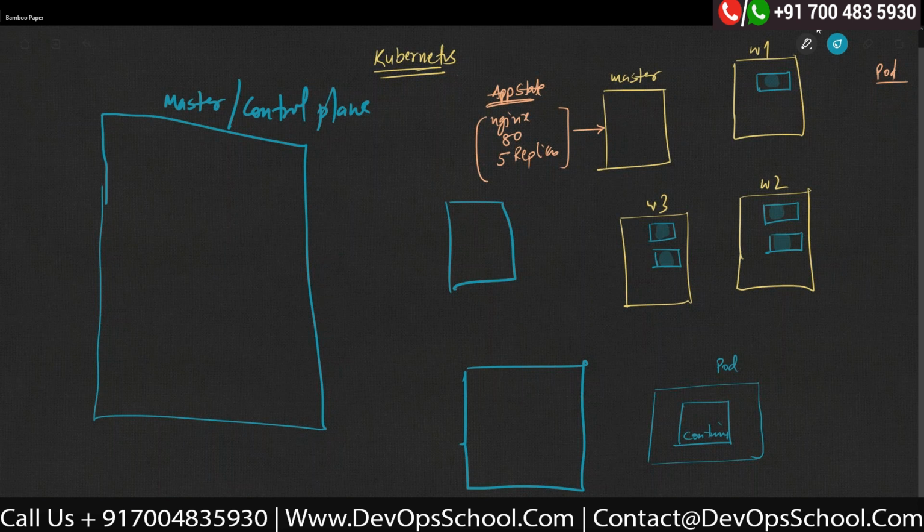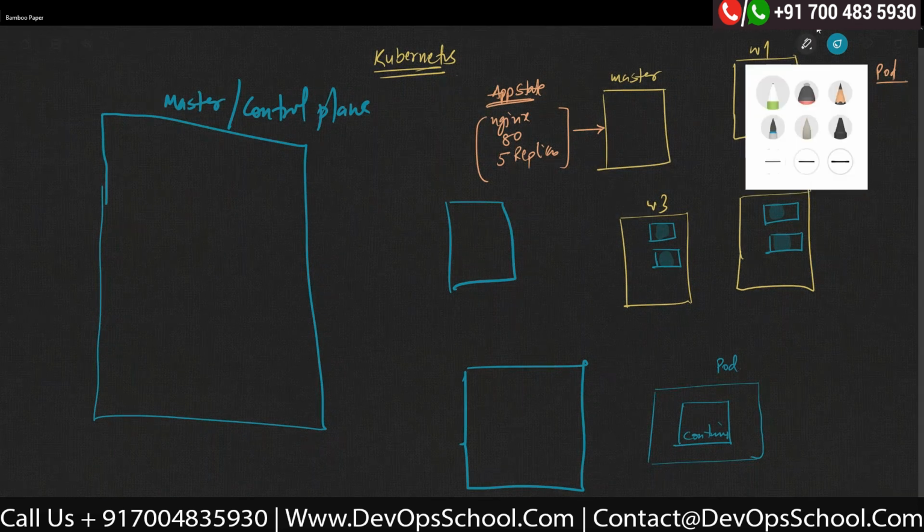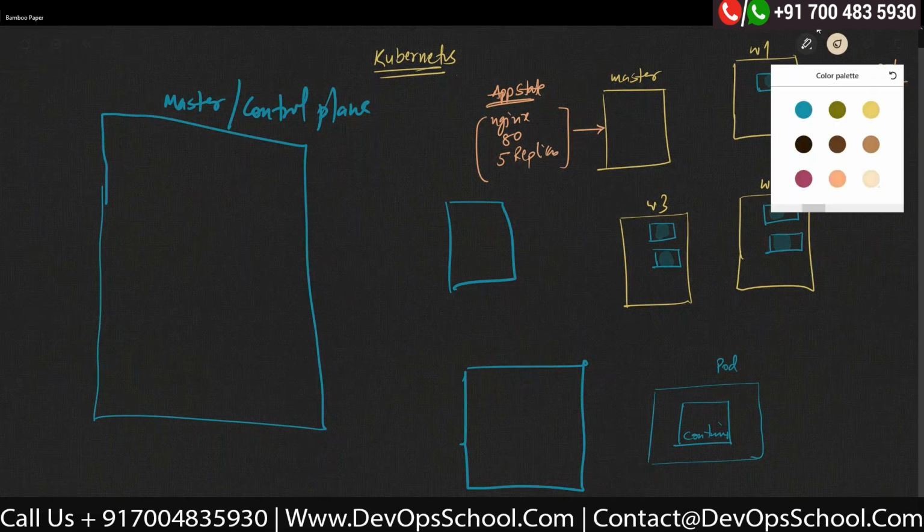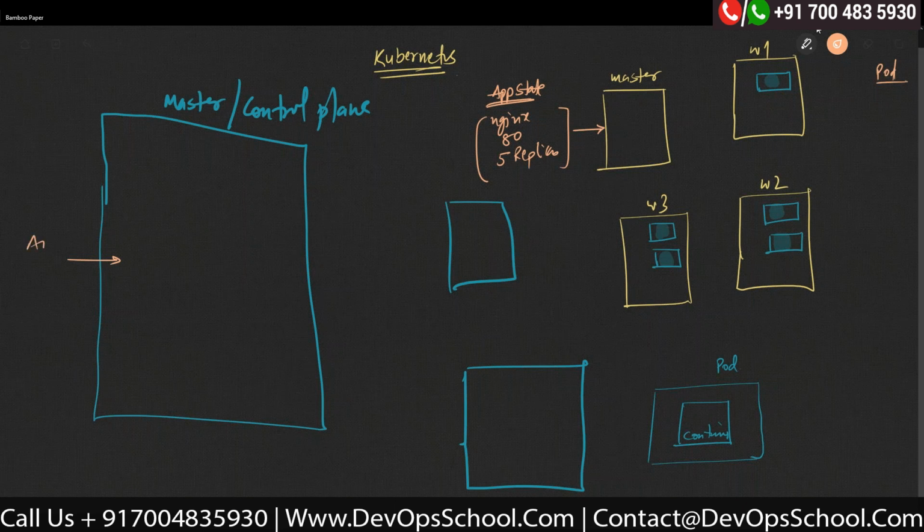Now when the developer gives an input that deploy my application, here you go, deploy my application, here is my application configuration, this is done to a specific component of the master called API server.